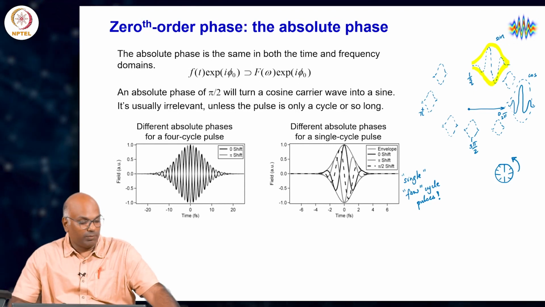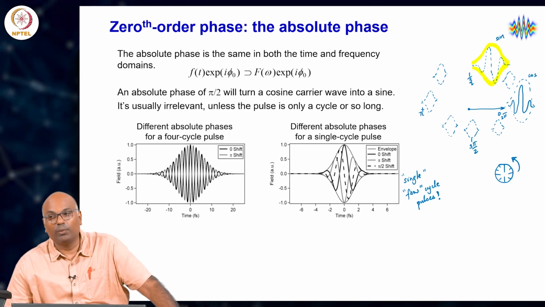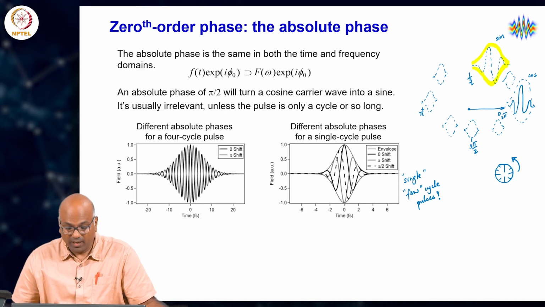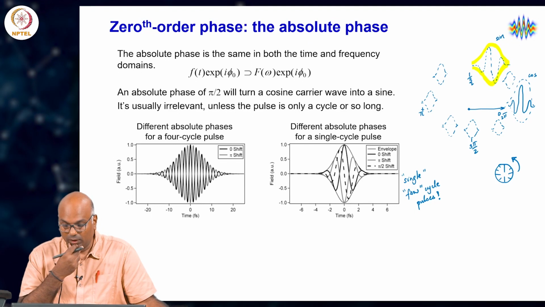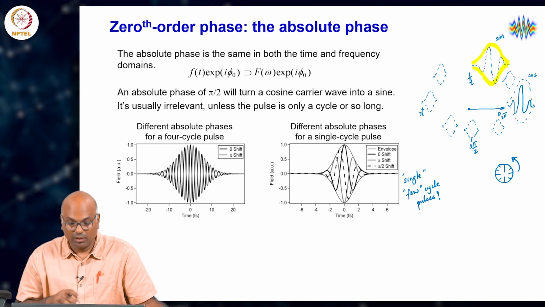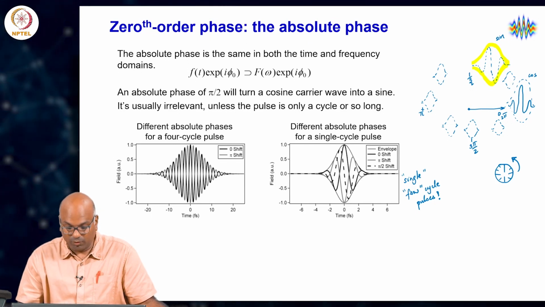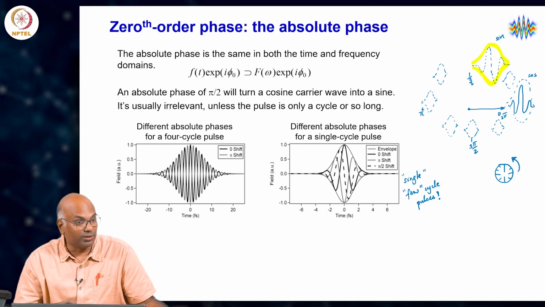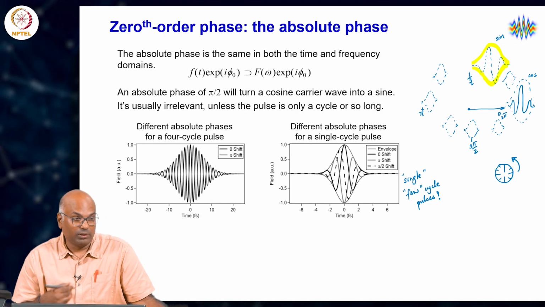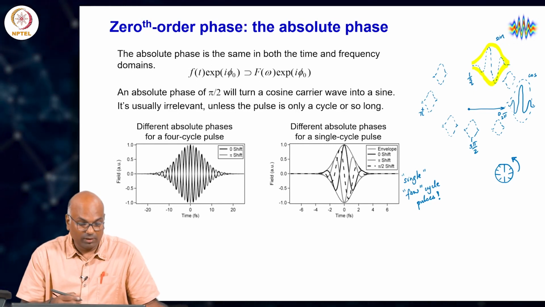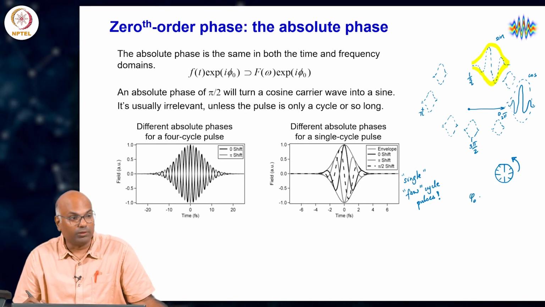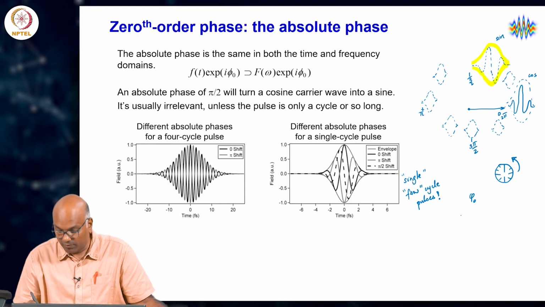And I brought up the discussion on field sensitive phenomena versus intensity sensitivity of physical phenomena. If I were to now envision very fast electronics which have something to do more with the carrier oscillation of these waves rather than the envelope, then that very fast electronics would certainly have something to do with this phi 0 term.